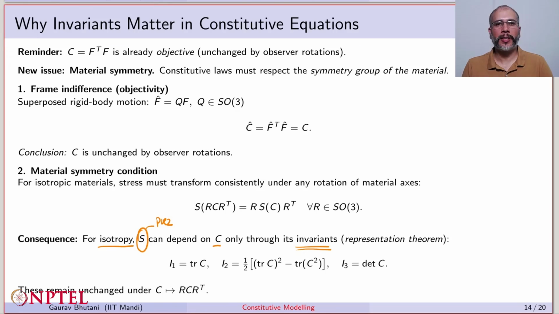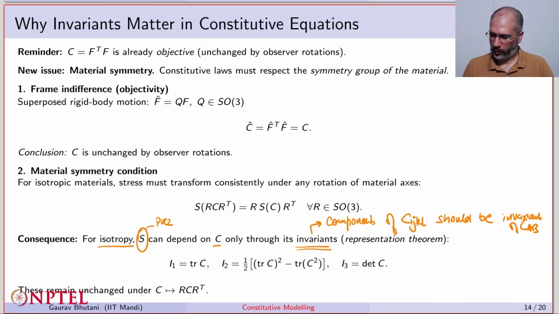So since the components of C change if I rotate the material coordinate system in which the material exists in the reference configuration, then for an isotropic material, my constitutive model can only contain the invariants of C, because the invariants of C do not change by rotating my material coordinate system. So components of C_ijkl, the constitutive tensor, should be functions of the invariants of C_AB, not the components of C_AB.